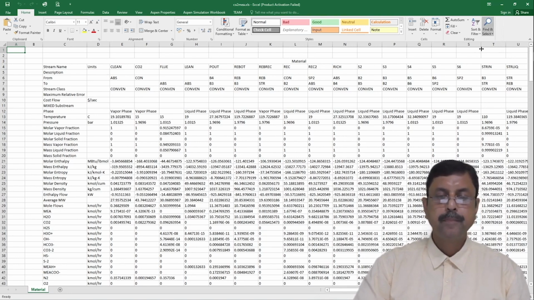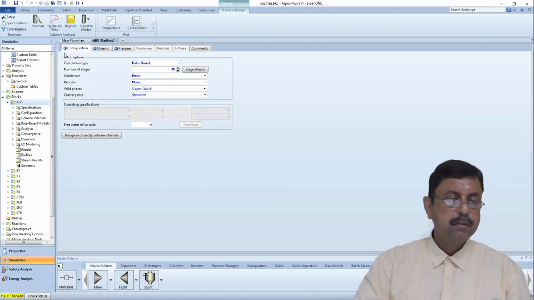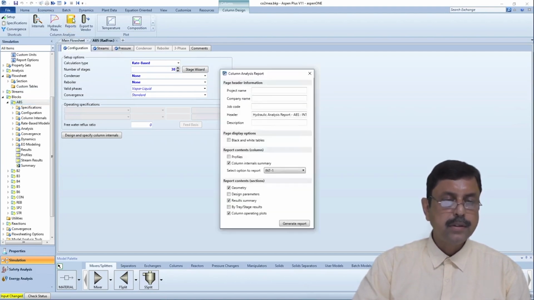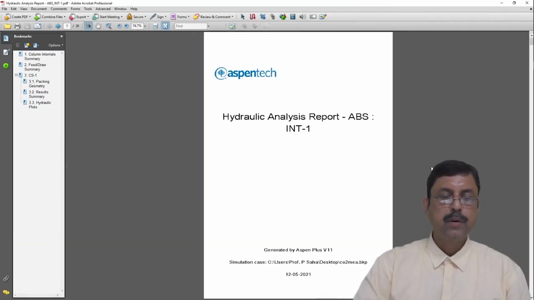Okay. And if you want to generate a report, then you can do it by pressing this report over here. Suppose you want to get a report of the absorption column. So just click on the report and say generate report. And it will generate a report like this.